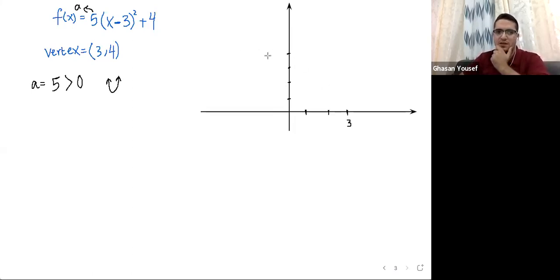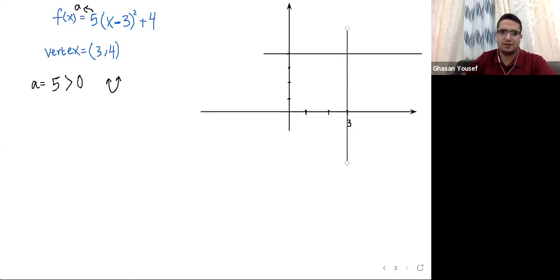Okay, so the vertex is going to be here. This is the vertex here. And the parabola opens upward. So the graph should be like this.